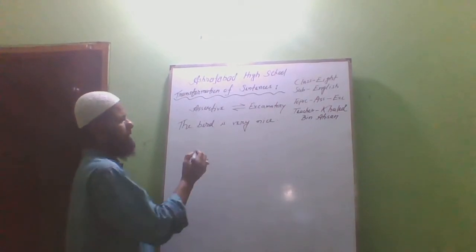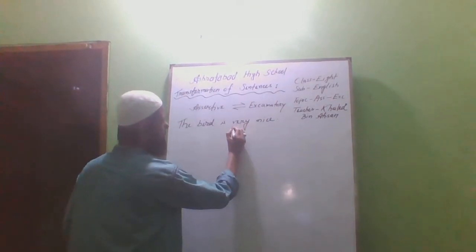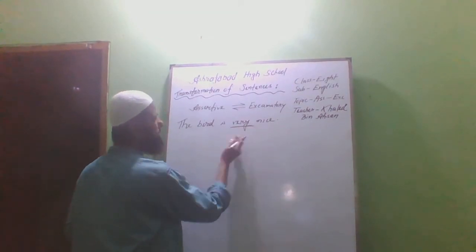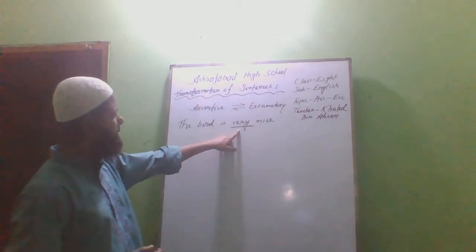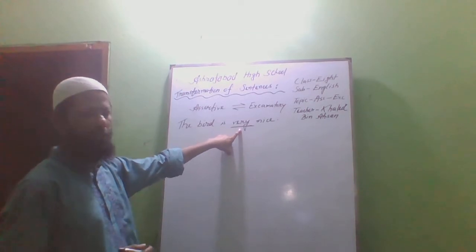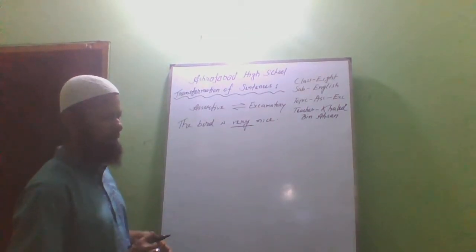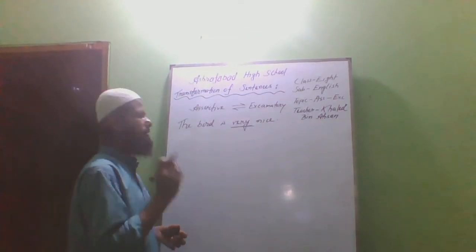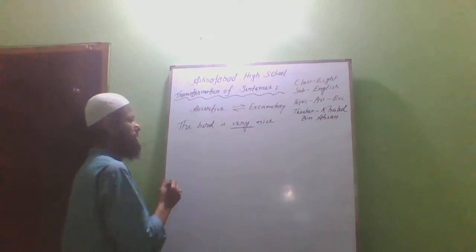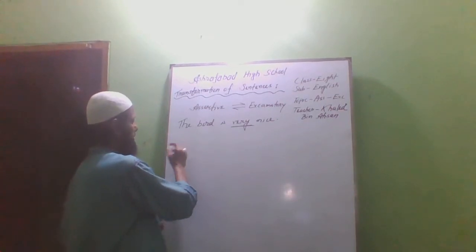According to our rules, we find "very" here. So what is our rule? If we find "very", we must use "how" to change the sentence into exclamatory.